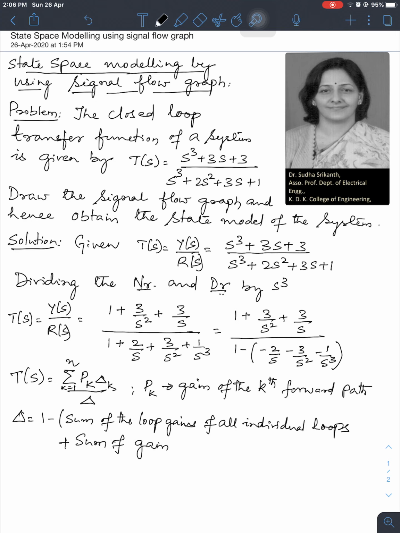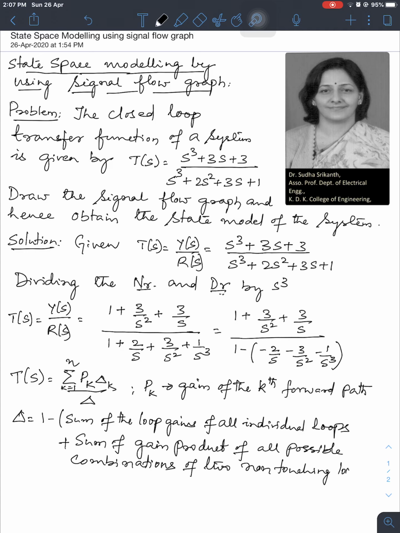the gain product of all possible combinations of two non-touching loops, minus, etcetera.